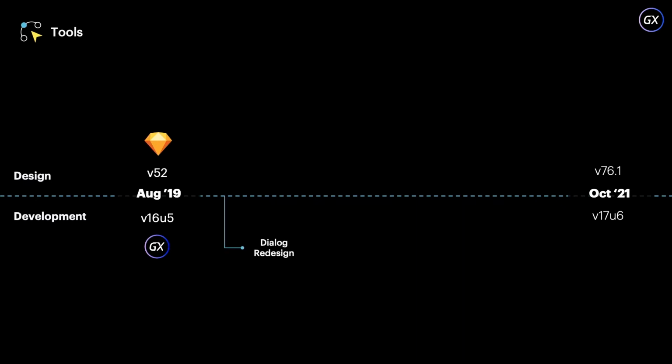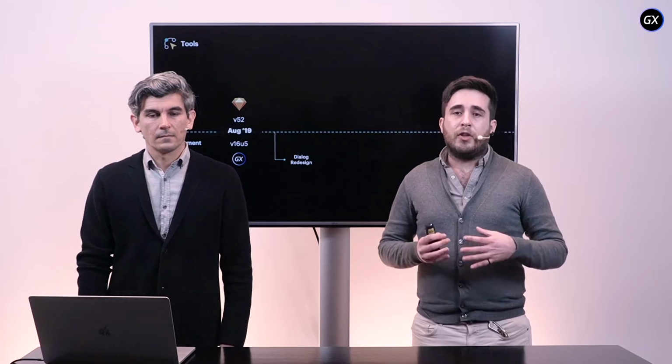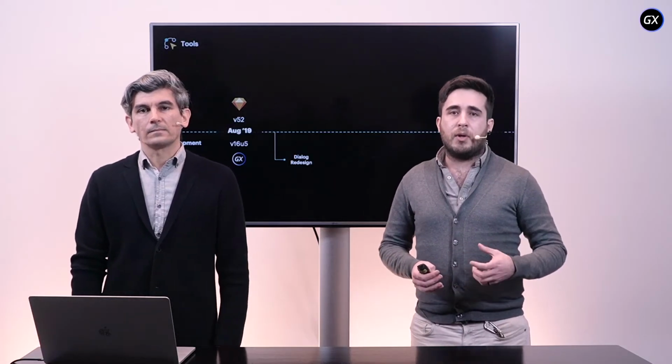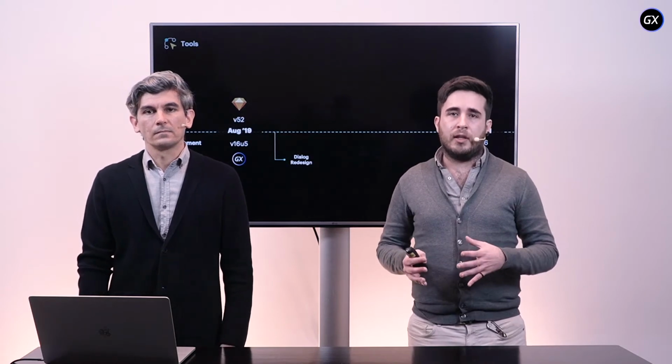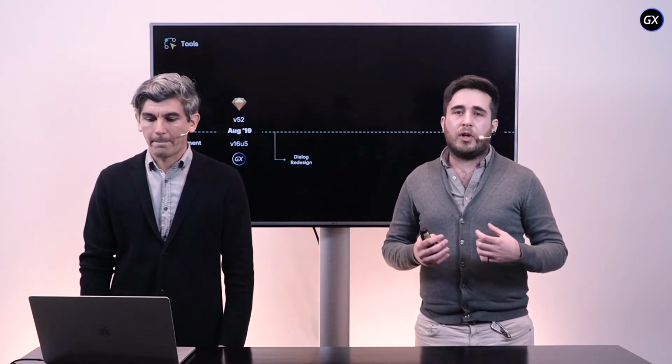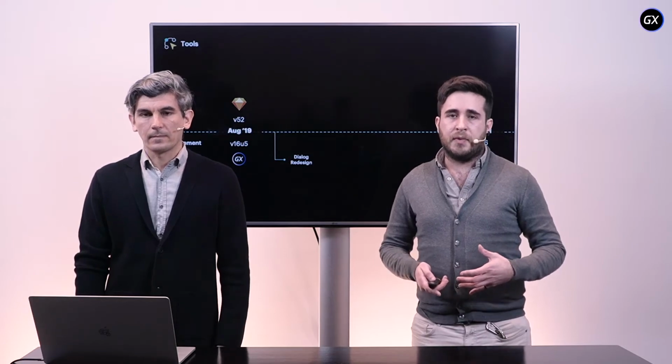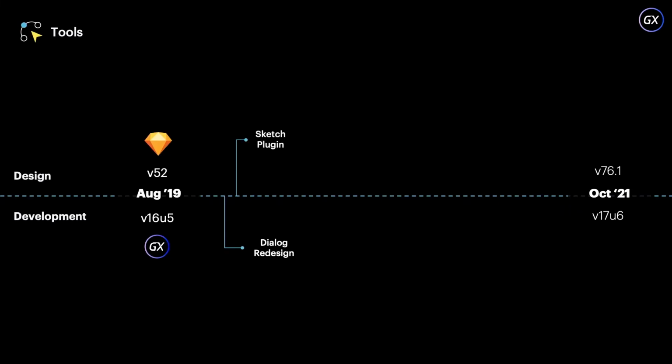First of all, we did a redesign of the input from Sketch dialog, where developers will be able to preview not only the visual part of the design, but also everything related to the structure of the objects that are going to be generated. We also designed a Sketch plugin that you can download and install to include not only the design file when exporting it, but also all the necessary resources for this to fit well in the GeneXus knowledge base.